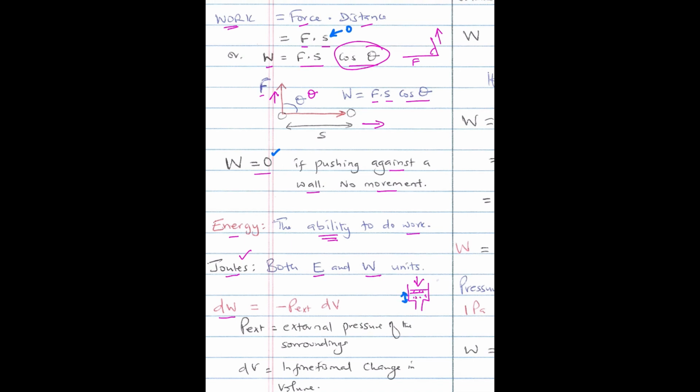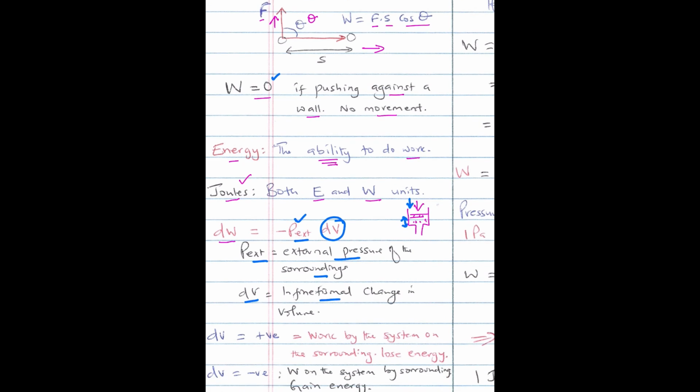So that piston can move up or down, resulting in change in volume, and the pressure is applied downwards, or the gas will apply pressure on the piston and push it upwards, and therefore you end up with external pressure. So external pressure is if the piston is applying pressure on the gas. The amount of work done equals minus P external, which is external pressure from the surroundings, times delta V, which is the small change in volume. So we say infinitesimal change of volume.